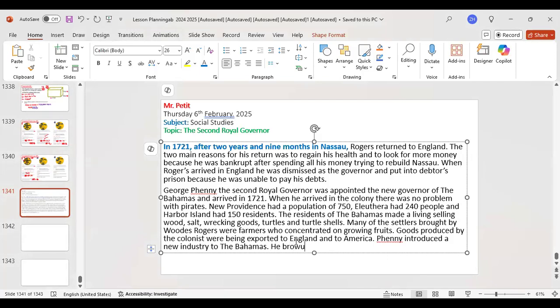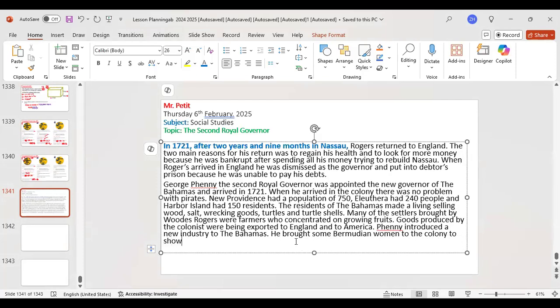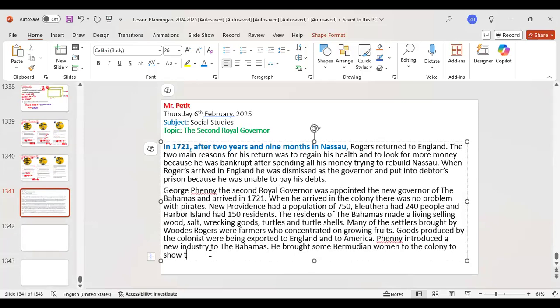He brought some Bermudian women to the colony to show the women how to sew leaves of palm trees into baskets, mats, and other items.